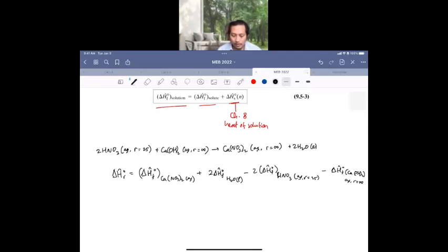And then if you look at the delta HF for each component, this will result in negative 114.2 kilojoule per mole.